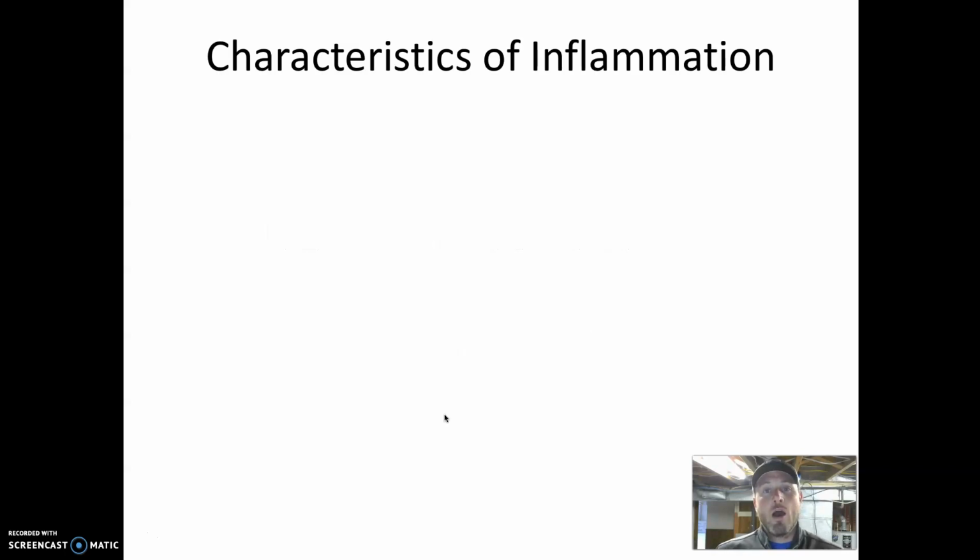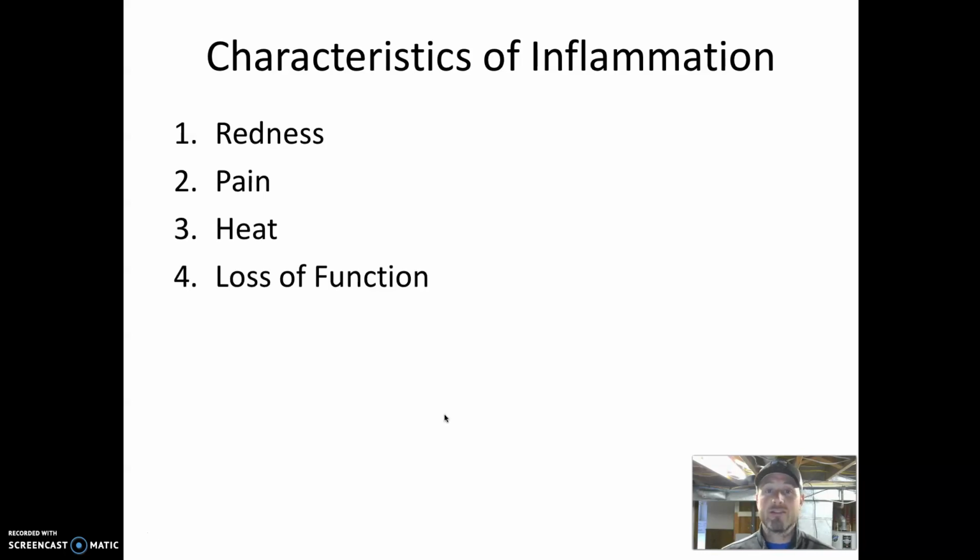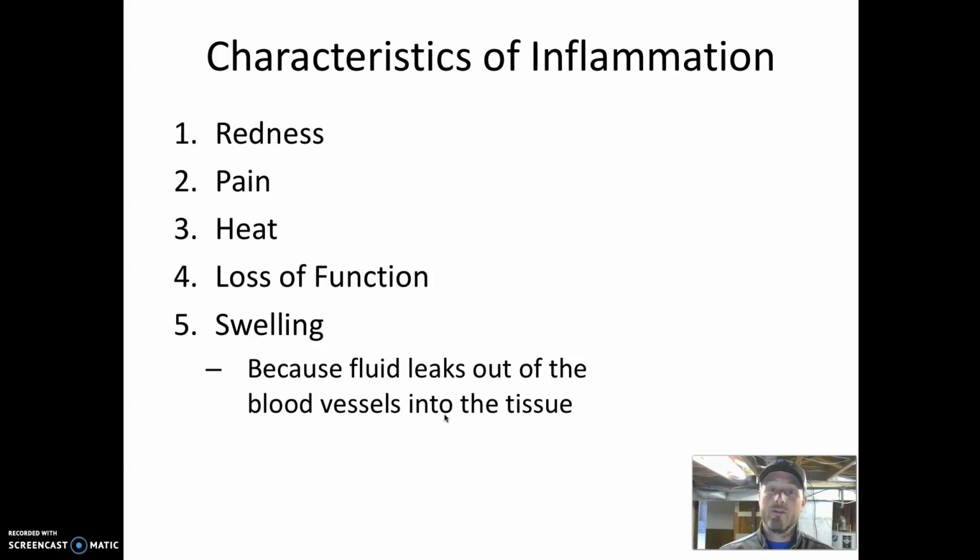So if we reflect back, we should remember that there are 5 major characteristics of inflammation. They're redness, pain, heat, loss of function, and the one I really want to focus on today, swelling. We know that inflamed tissue is swollen because the fluid in our bloodstream leaks out of the blood vessels into the tissue.